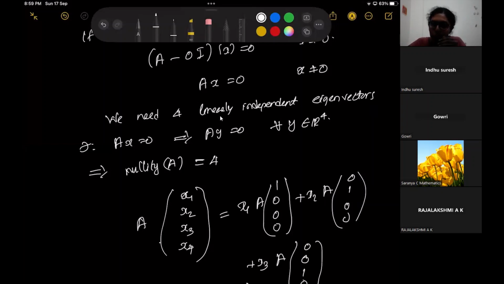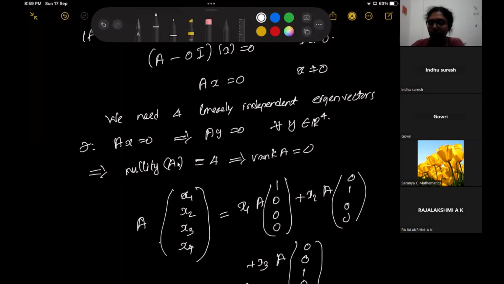So for each y in R4, we are getting Ay equal to 0. What does that mean? All the elements in R4 belong to the null space of A. The whole R4 belongs to the null space of A. So the nullity of A equals 4. That implies rank A equals 0.